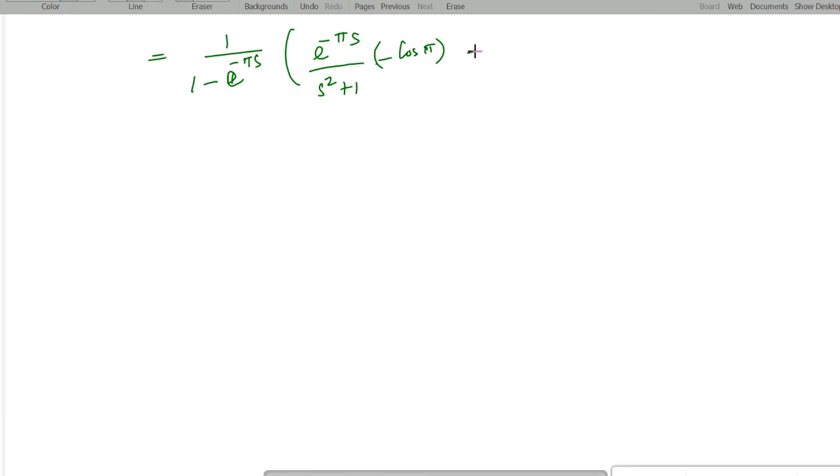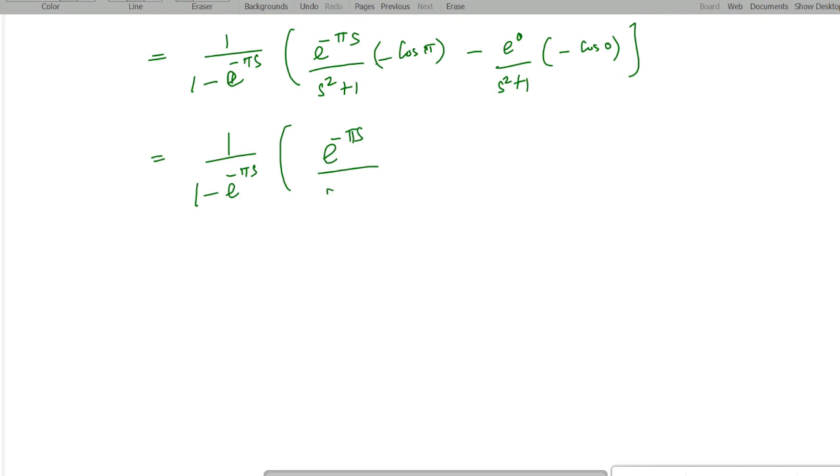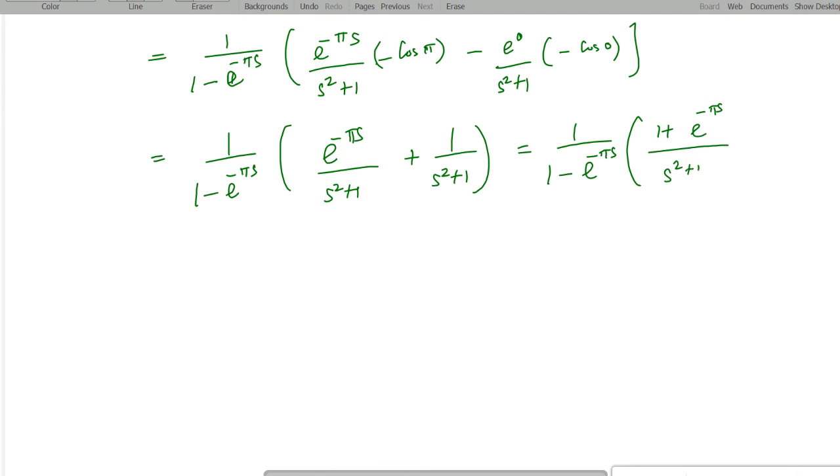In the lower limit you get e power 0 divided by s square plus 1 into minus cos 0, which is equal to 1 by 1 minus e power minus pi s, cos pi is minus 1, so minus of minus is plus, so e power minus pi s divided by s square plus 1 plus 1 by s square plus 1, which is equal to 1 by 1 minus e power minus pi s, 1 plus e power minus pi s divided by s square plus 1.